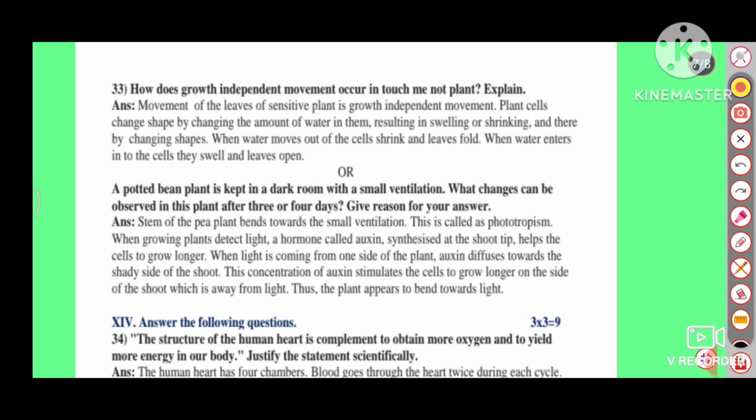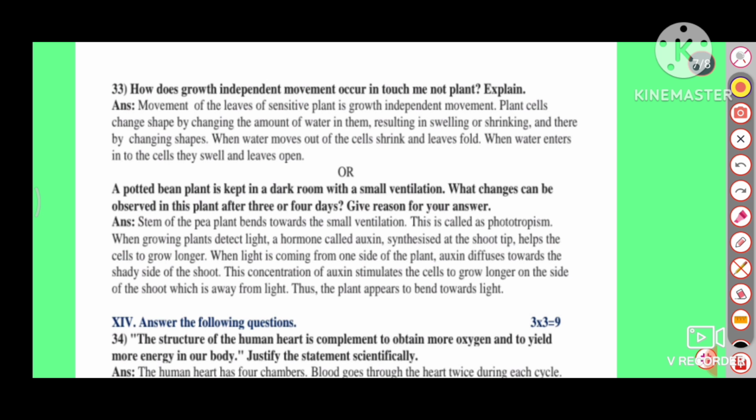Question: How do growth independent movements occur in touch-me-not plant? Explain. Movement of the leaves of the sensitive plant is a growth independent movement.